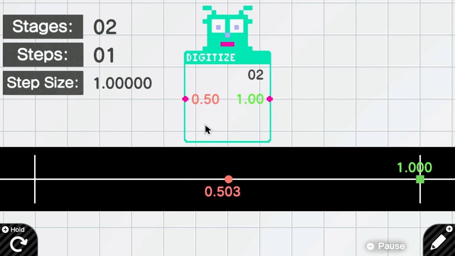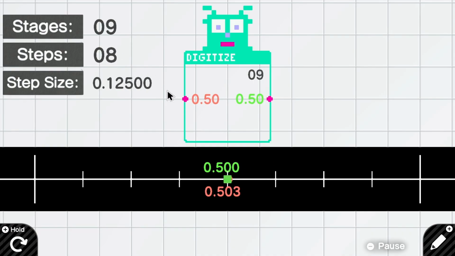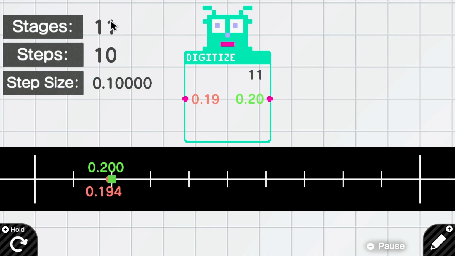Or for example, if you want to have a specific step size for your decimal values, if you set it to 11 stages, you could have an analog input and round to the nearest 0.1 if you don't want to deal with all of the other smaller values. You just want these 10 clean values instead. That's another use case for that.